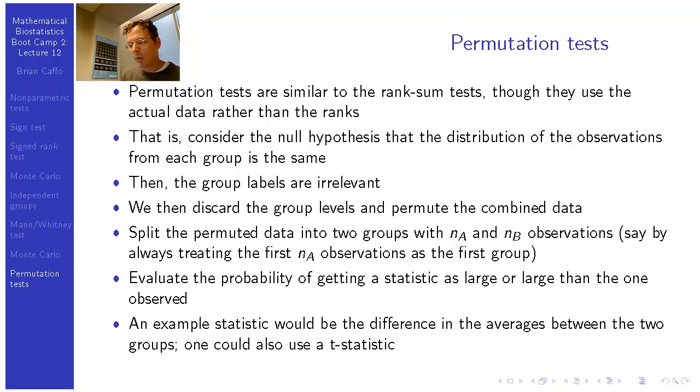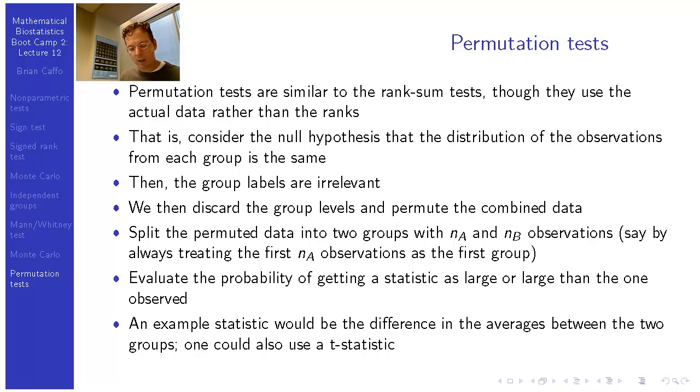But at any rate, Fisher's exact test, which works on collections of binary data, the rank sum test, which works on ranking the observations, and then the permutation test, all have the same basic principle: under the null hypothesis, however we're interpreting it, the NA and NB treatment labels are exchangeable, and our null distribution is obtained by permuting those labels across the values.